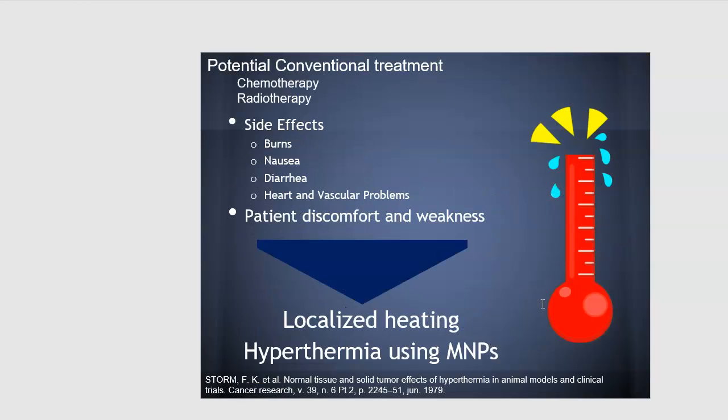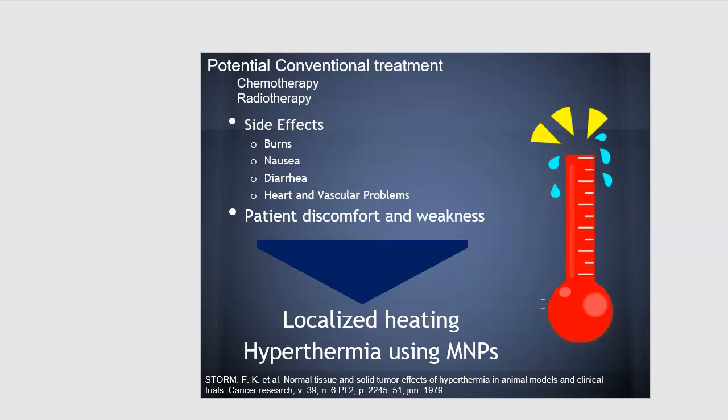If we talk about the conventional treatments for cancer, chemotherapy and radiotherapy are among the best techniques and are routinely used nowadays. But they have severe side effects also, like burns, nausea, diarrhea, heart and vascular problems, and most importantly, patient discomfort and weakness.